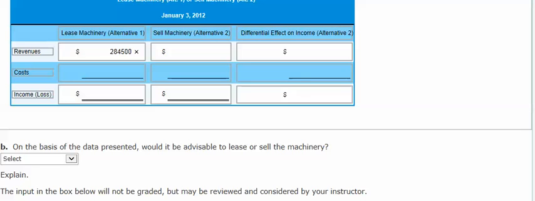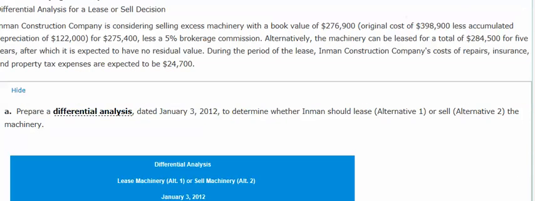So we can plug that in, $284,500. Our costs, I'm going to jump down to the costs associated with a lease, and that was going to be $24,700.